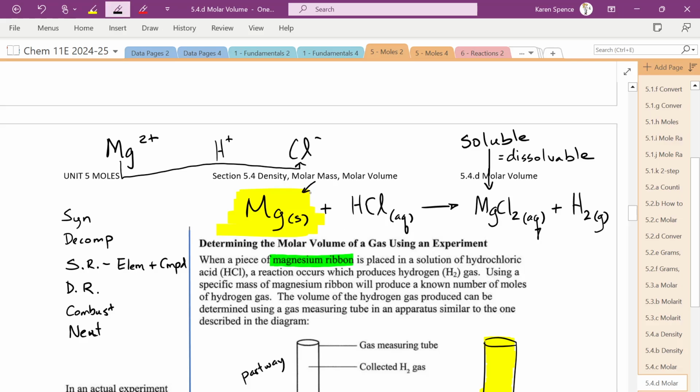What does it say for magnesium's charge? Nothing. And therefore, magnesium, what charge does it have? Zero. Okay, so magnesium is neutral when it is by itself and when it is in its metal form. Magnesium metal has no charge.